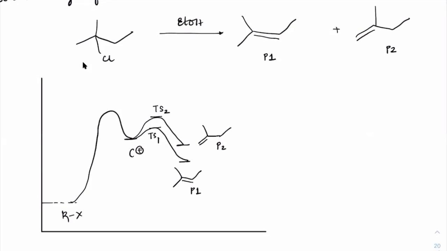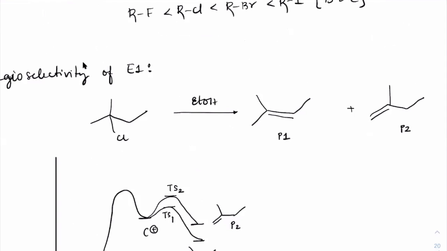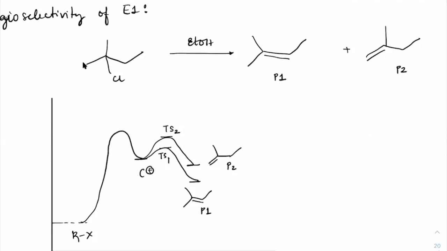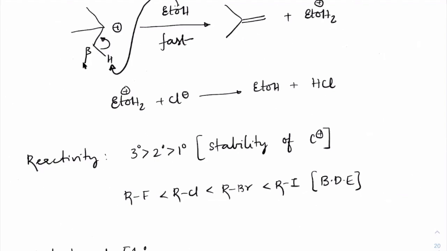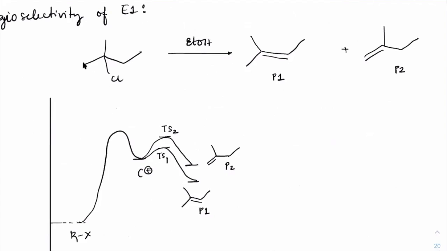Got it? So why does E1 show regioselectivity? See, up till carbocation formation, the mechanism is the same, but the second step is the one which decides which product is going to come most. In the second step, the one which is more stable would have a lower transition state. So which has more chances to get into product formation? P1.